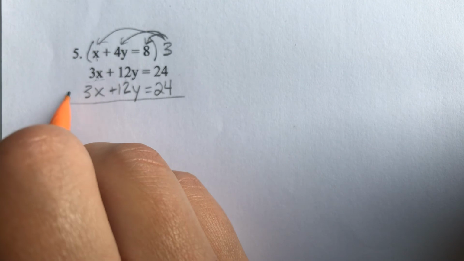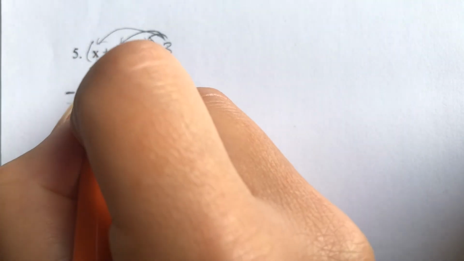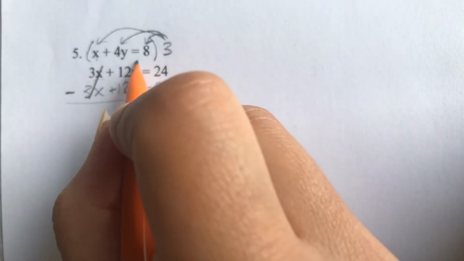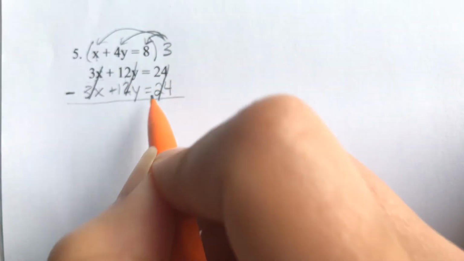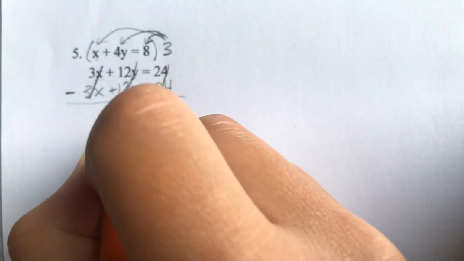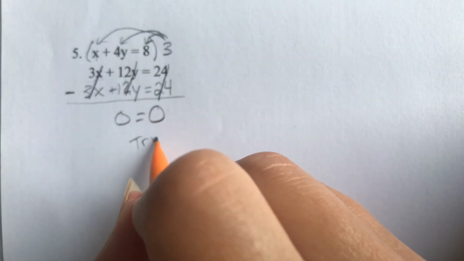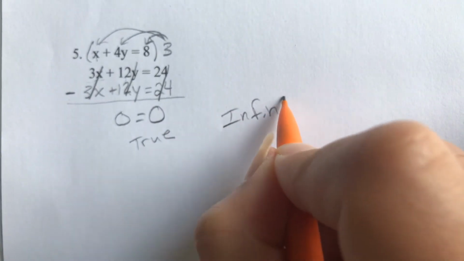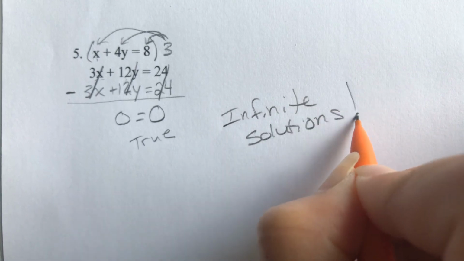I'm going to subtract. 3 minus 3, gone. 12 minus 12, gone. 24 minus 24 is also gone. This is true. Infinite solutions again. Same line.